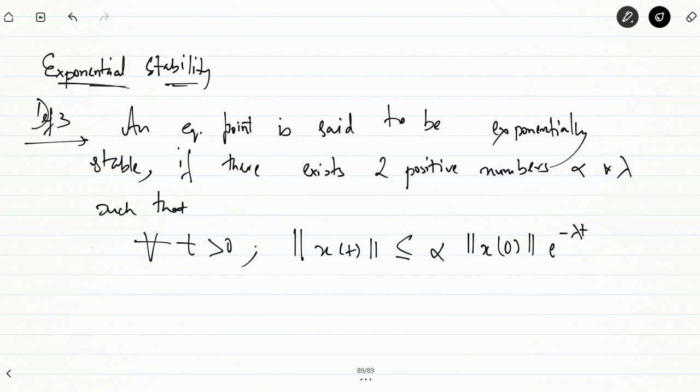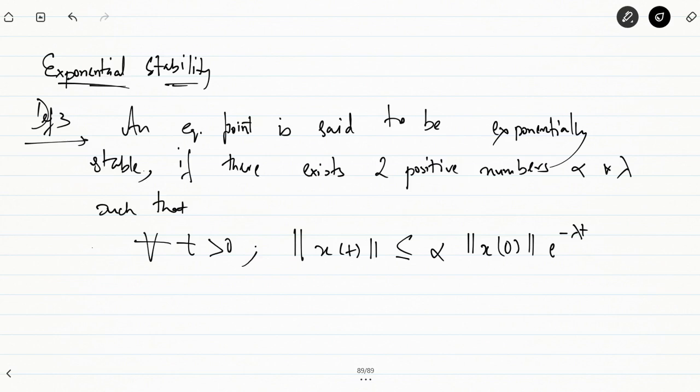Fine. So for all values of time t greater than 0, if the states of the system do not actually converge towards this particular function, alpha times the norm at initial conditions multiplied by the exponential function e raised to the power minus lambda t, then the system is not exponentially stable. Otherwise the system is said to be exponentially stable.